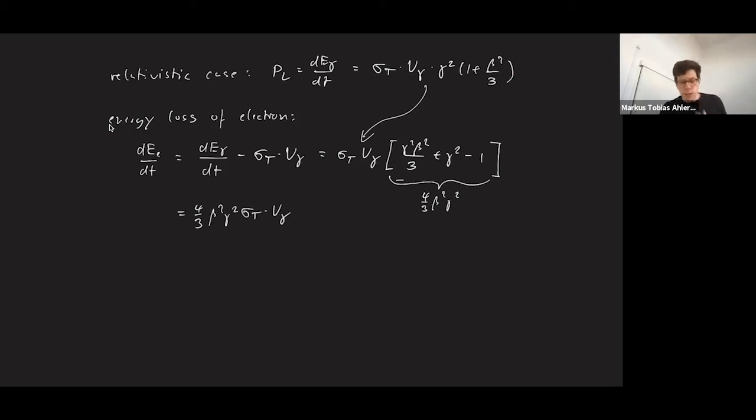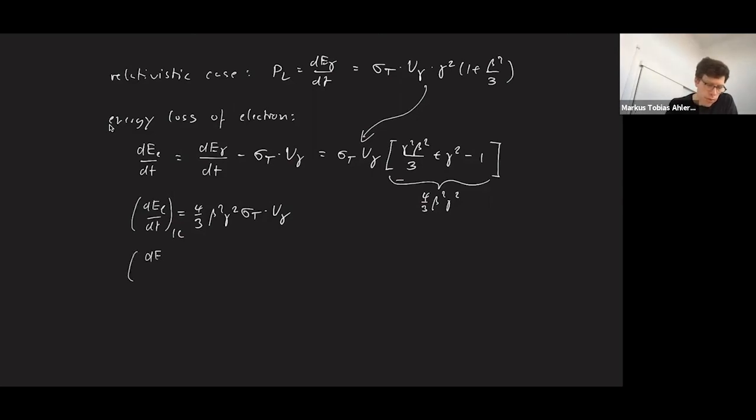And that's very interesting because in the case of synchrotron emission, we basically had the same formula. So this is here the energy loss of inverse Compton scattering, where energy of the electrons is transferred to the photon population.